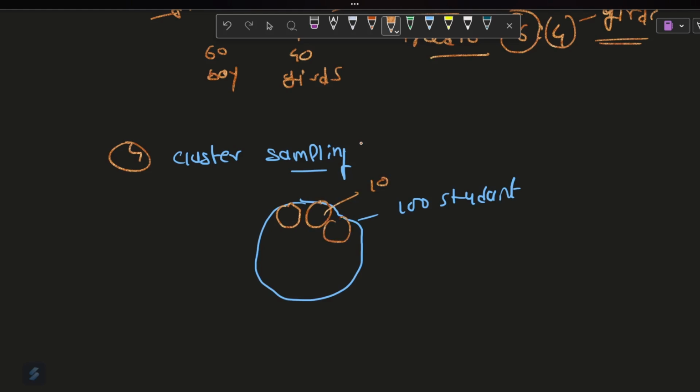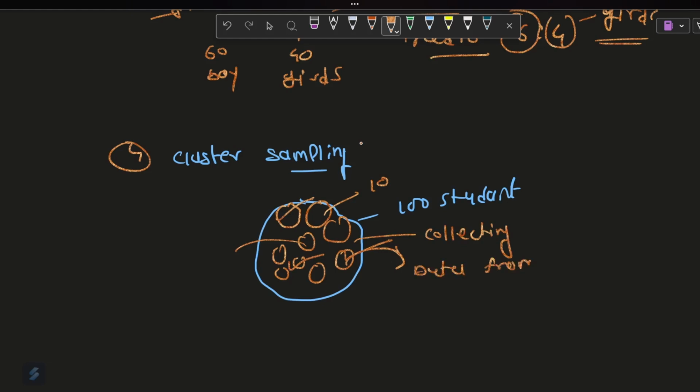The teacher makes 10 clusters and selects randomly among those clusters. That's the one cluster that we selected, and that's two, and that's the third, and collecting data from that, how the class is doing well or not in this video, right?